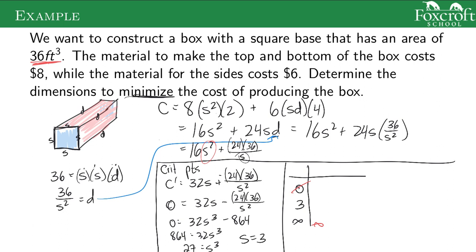So if I actually plug in 3, I'm going to get, let's see, 16 times 9 is 144, plus 864 divided by 3, which is 288.